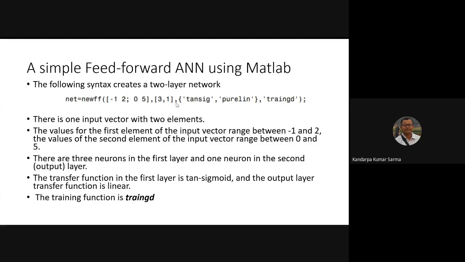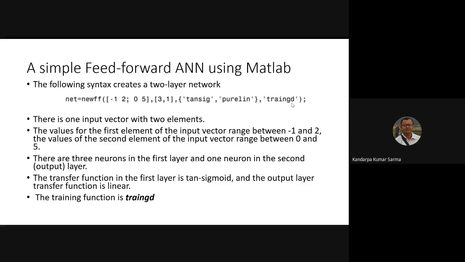We further spoke about the significance of the tansig function and the purelin function. Then we spoke regarding the traingd function, that is the batch training with gradient descent. This is the most common or default training method that Matlab will use while designing a feed-forward neural network.